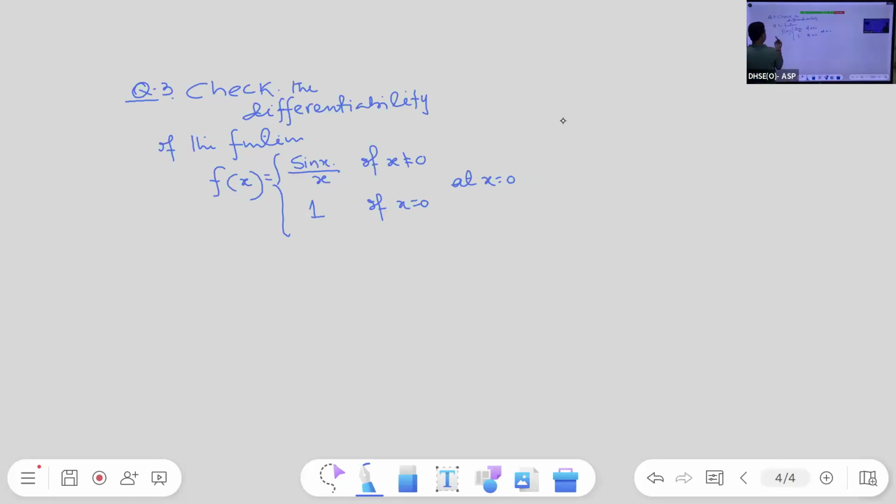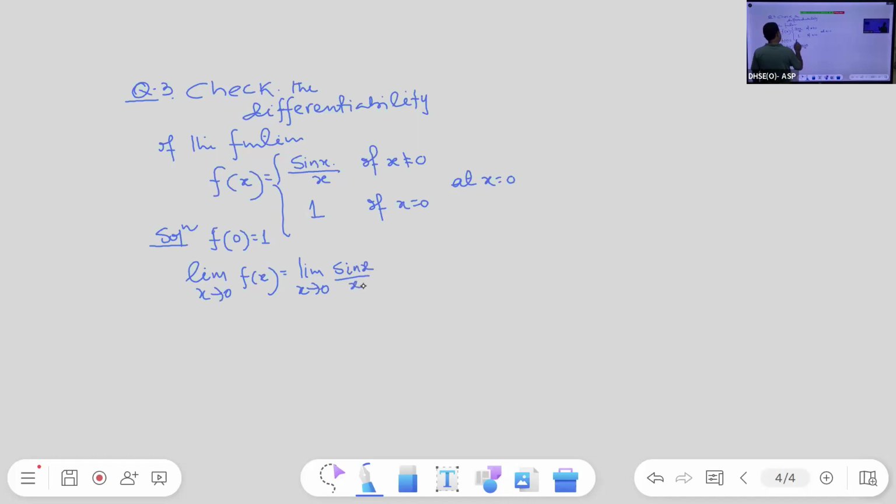So come to the solution. F of 0 is equal to 1. It is given. To check the continuity, we have to find the limiting value. Limit x tending to 0 of f of x is equal to limit x tending to 0 of sin x upon x.